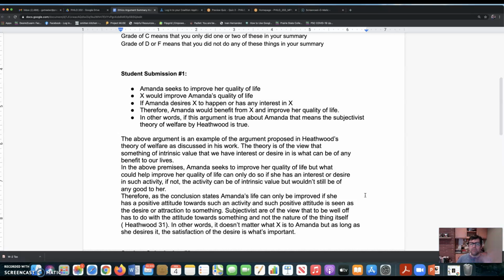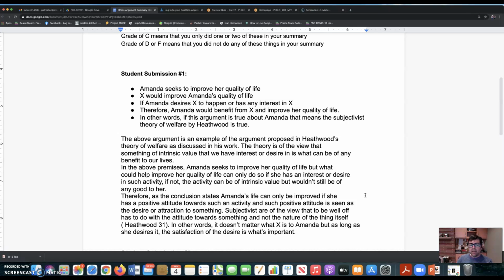How does Heathwood support that? With something like the Amanda example, right? I like that this student constructs her own example, but it might be useful also to relate that to an example in Heathwood. If this was a slightly longer paragraph, the student could have done that.